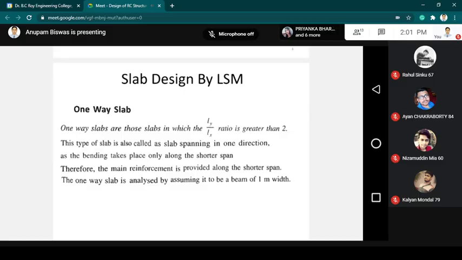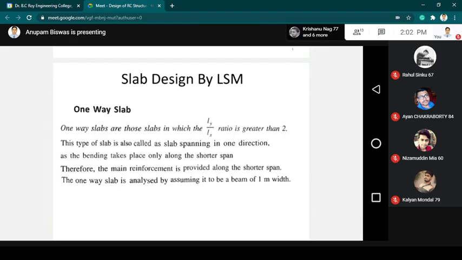The one-way slab means the value of Ly, the largest length of the slab, is more than the shorter length, the shorter span. Since it is rectangular in shape, the bending will take place along the shorter span.